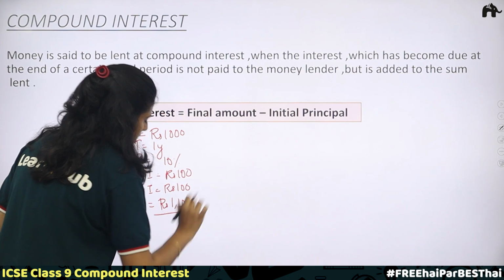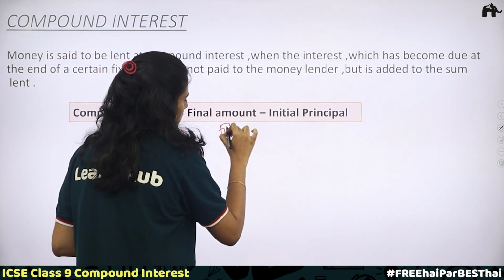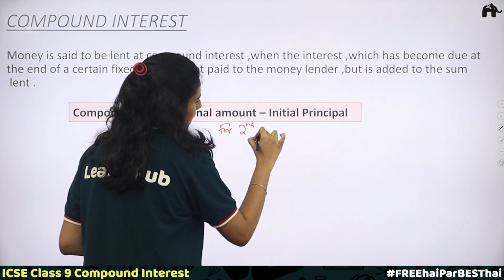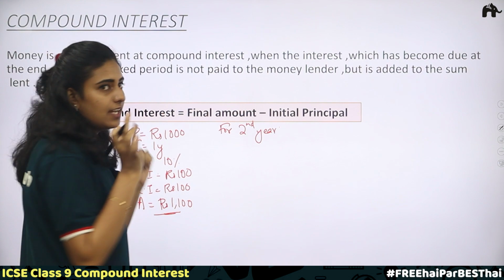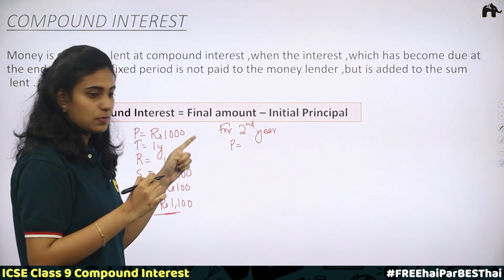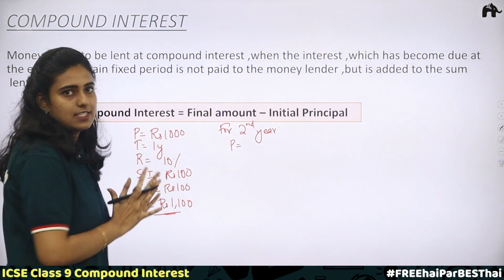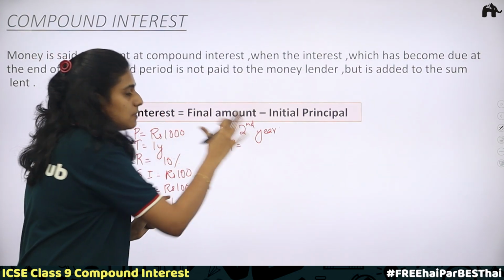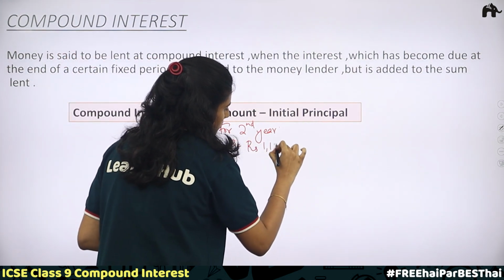Now comes the change. This is for the first year. When you go to the second year and need to find the compound interest, the principal will not be this 1000 rupees, but the amount that we get at the end of the first year, which will be the principal for the second year. Here the principal will be rupees 1100.